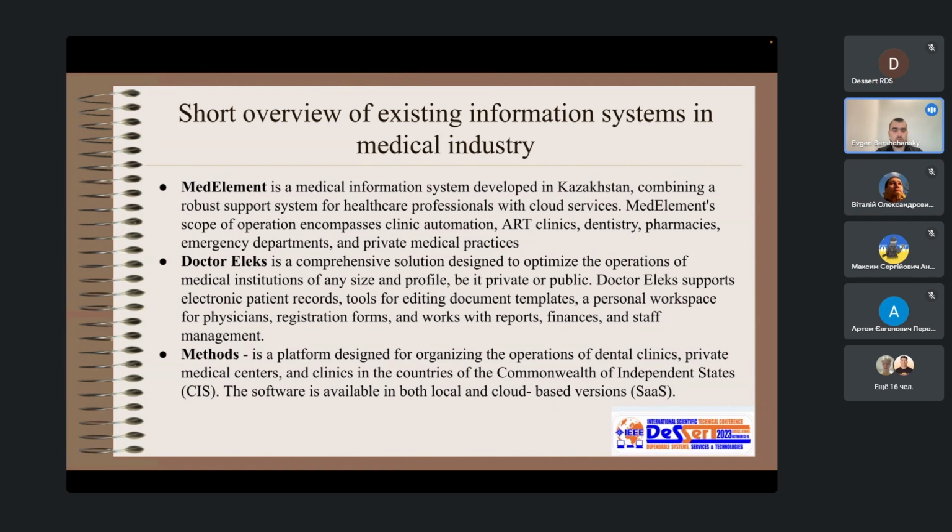Also, we have two other information systems called Methods and MedElement. They are also cloud-based solutions, and it's also highly confidential information, as it's medical information. Publicly, we have only short and limited information in order to compare them.